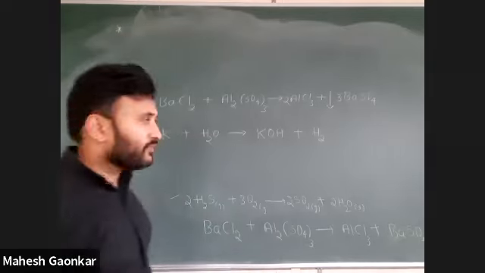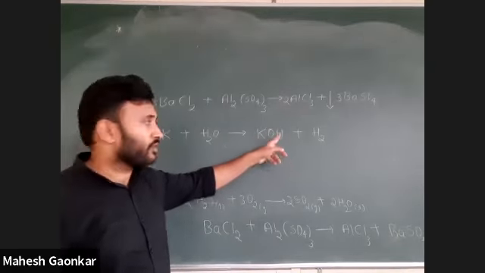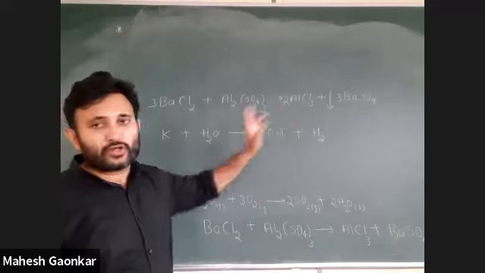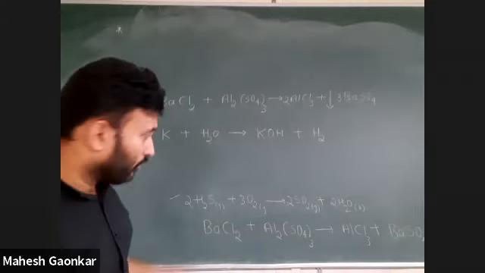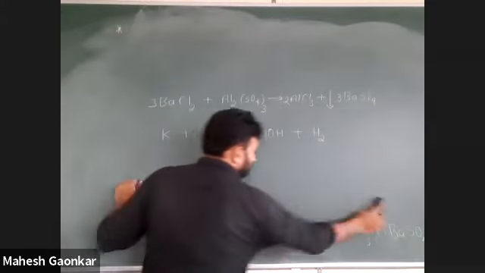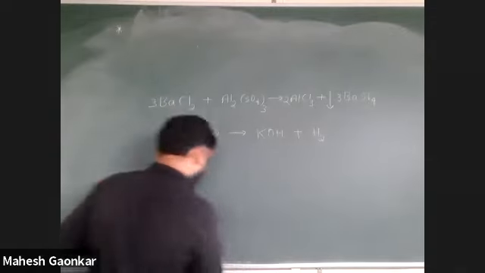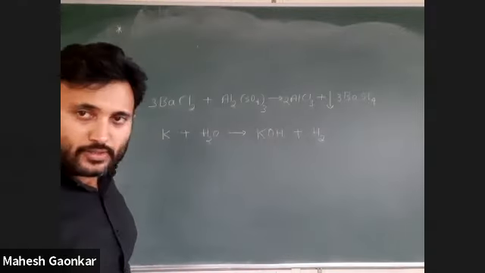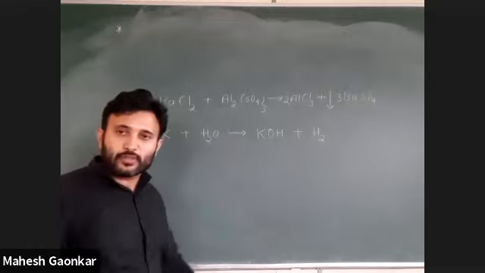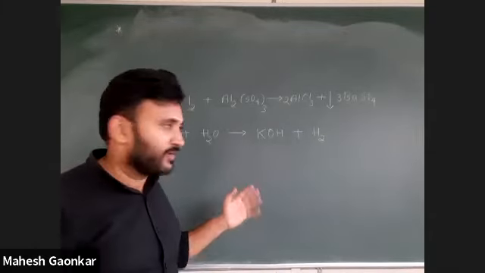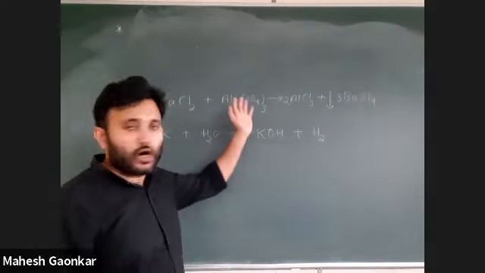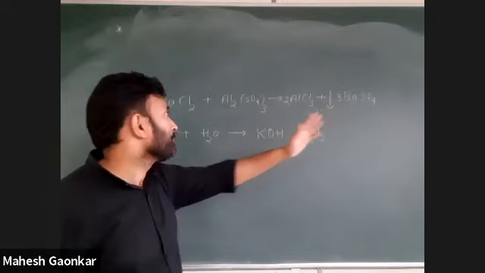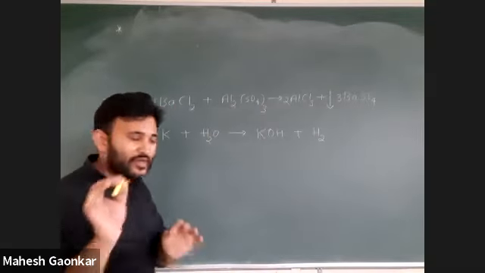So always remember the formula of potassium hydroxide, KOH, K plus OH minus, right? In all these cases, I hope you remember this because I explained this before I started this chapter: how to write the formula. Let me explain once again quickly.